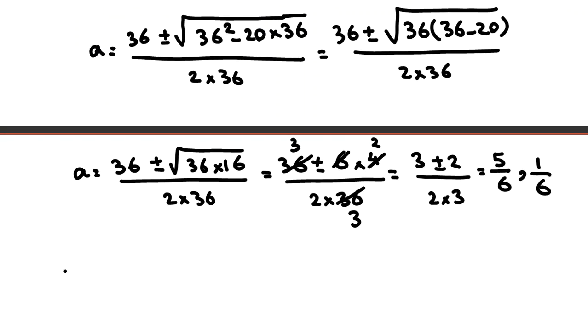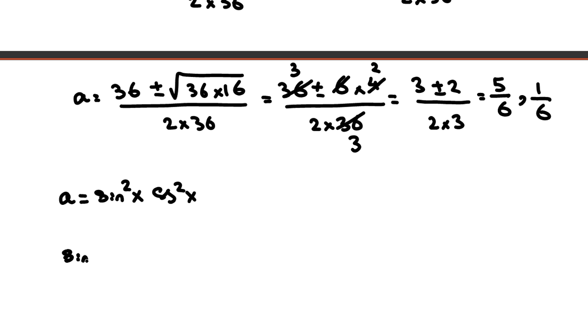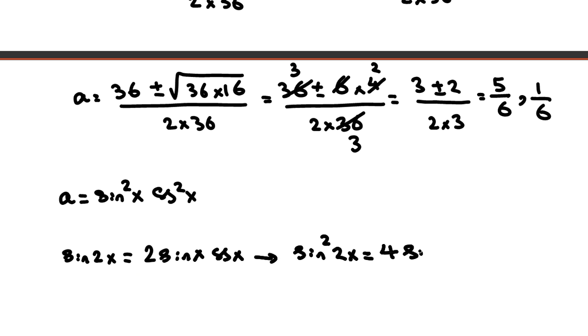A was what? We said A equal to sine squared x cos squared x. In the beginning of the video, I told you the second identity: sine 2x equal to 2 sine x times cos x. So if I raise it to the power of 2, sine squared 2x equal to 4 sine squared x cos squared x.